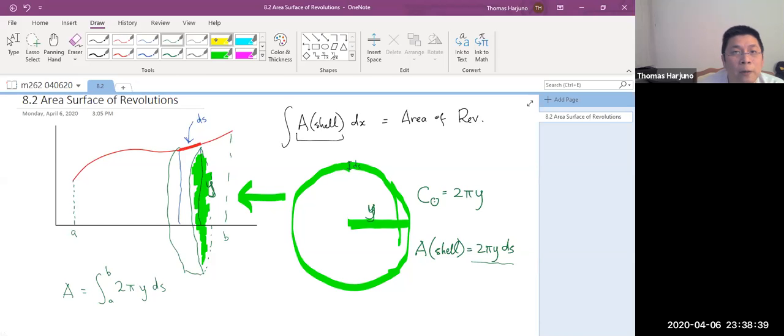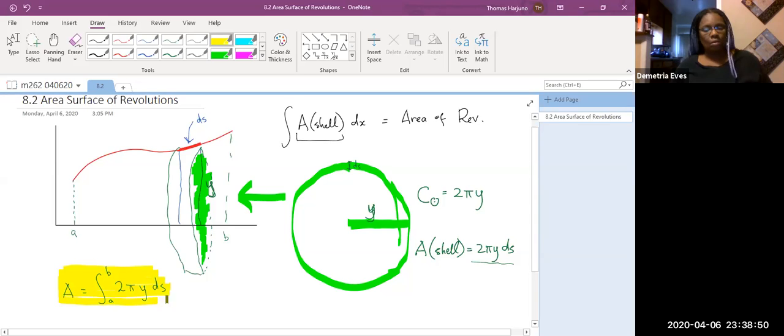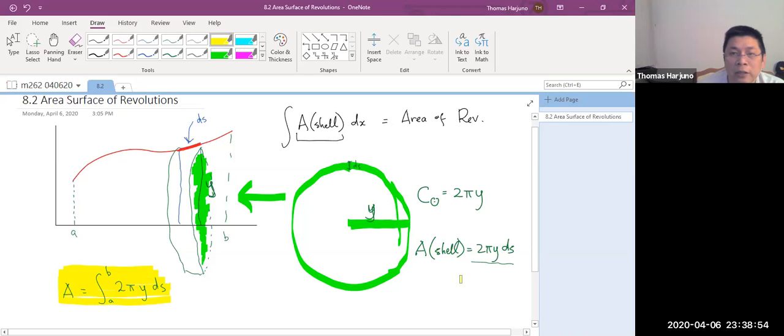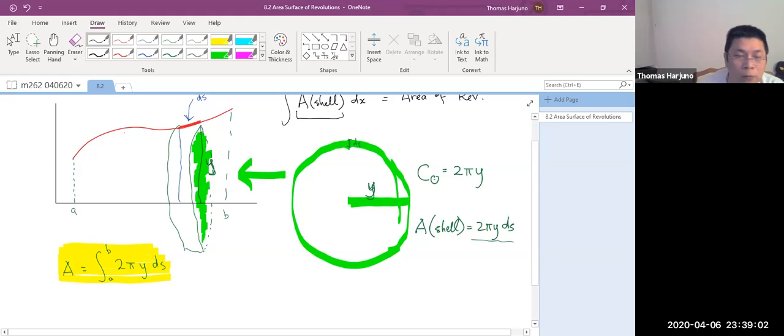That's the formula. Okay, now the thing is, we need to apply this. We will use this formula first, the one where we revolve with respect to the x-axis.